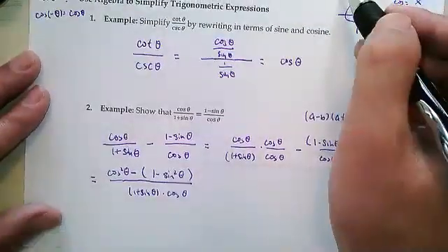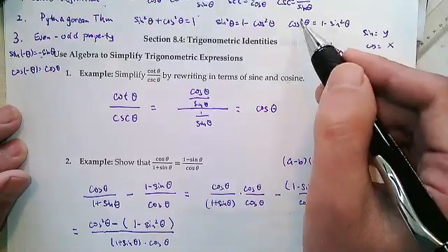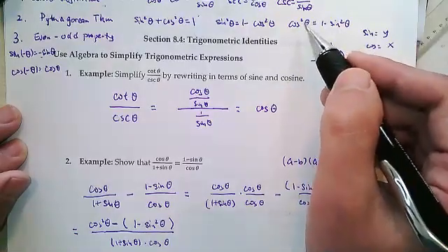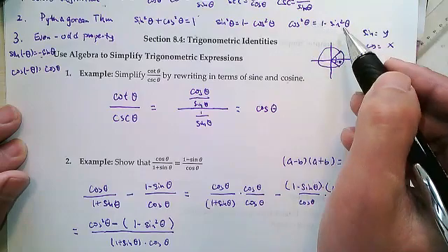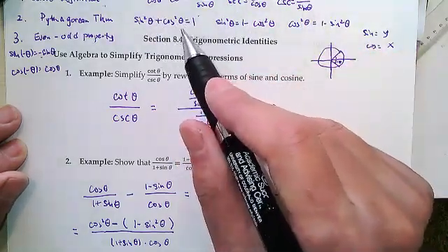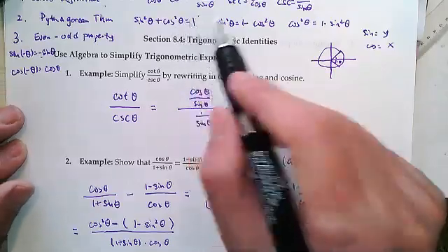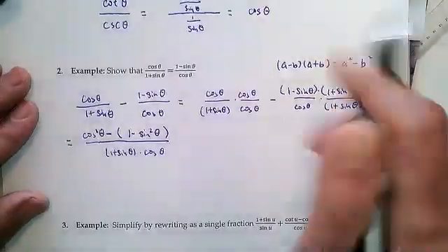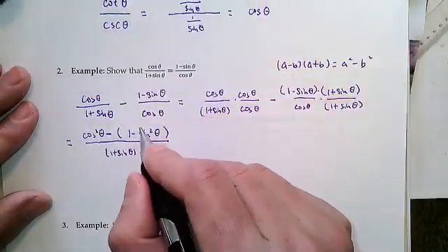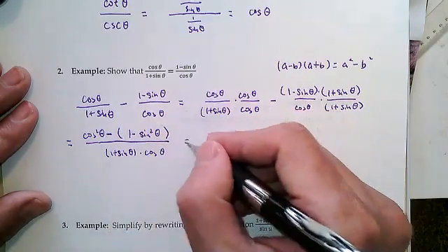Look, what do we have here? 1 minus sine squared is cosine squared, derived from the Pythagorean theorem. That's why I give you 1 or 2 minutes at the beginning of class to look at them and think about them. So this is cosine squared. Cosine squared minus cosine squared, you get a 0.